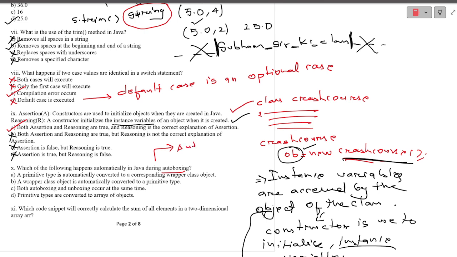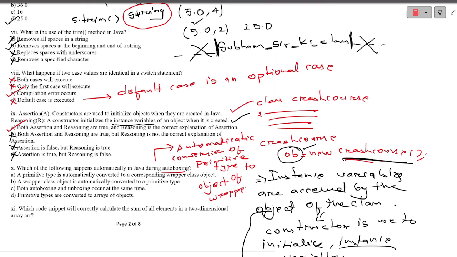Autoboxing is nothing but the automatic conversion of primitive type to objects of the wrapper class, while unboxing is the conversion of object to primitive type. Here the automatic conversion of primitive type to object of wrapper class means autoboxing.